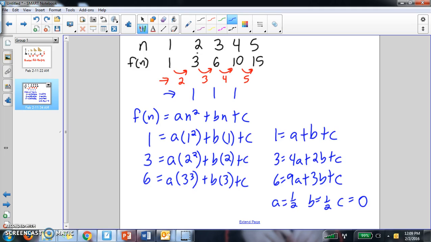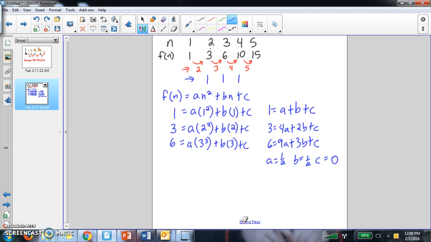So if I plug that in, I'll extend my page here, I'd end up with that f of n is going to equal 1/2 n squared plus 1/2 n, or you could write that as 1/2 (n squared plus n).